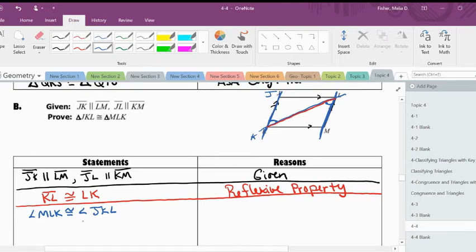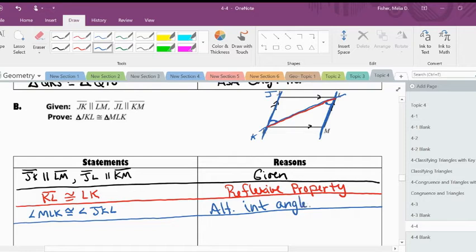And the reason that those are congruent is that they are alternate interior angles. There. That is the reason we can state that those are congruent. Now we're going to look at the other two parallel lines that were given to us being cut by that same transversal.